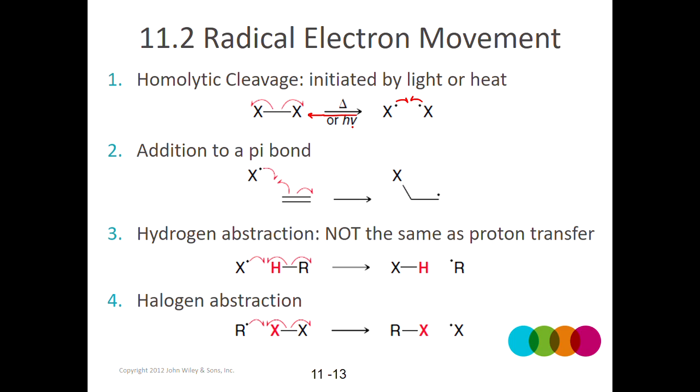Another pattern is where a free radical adds across a pi bond. This is the type of pattern that's occurring in your polymerization reaction for lab 1, where the radical continues to exist at the end of the chain each time.